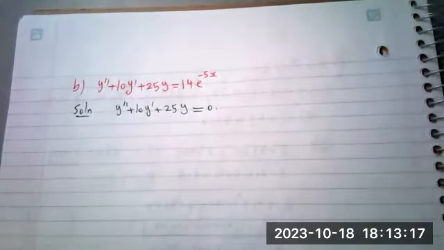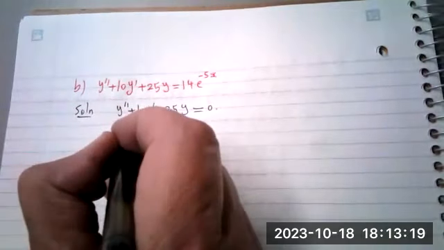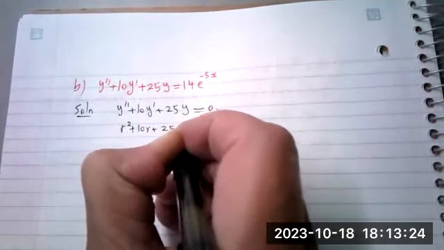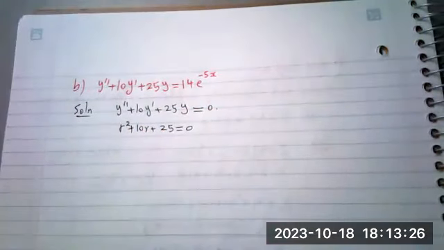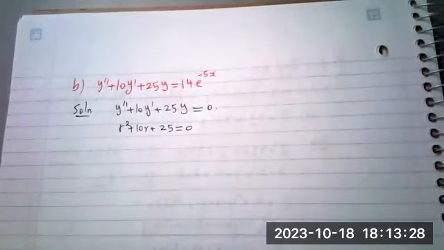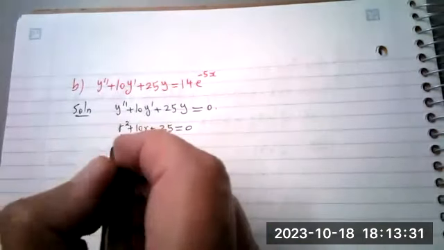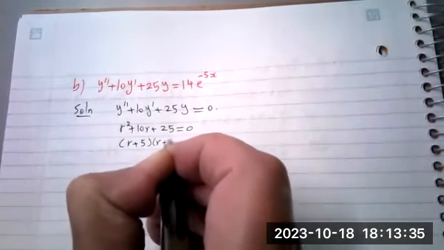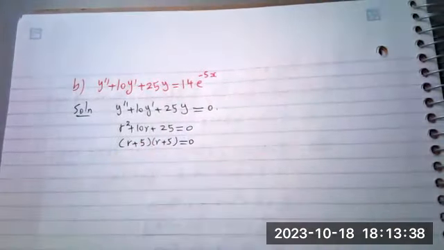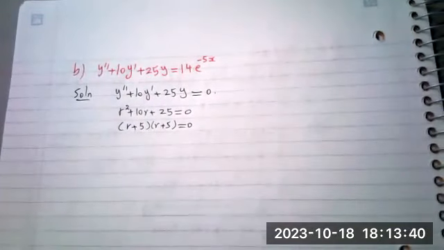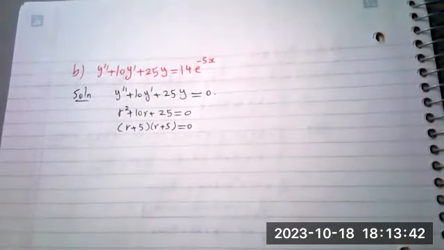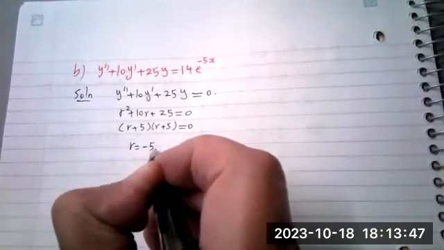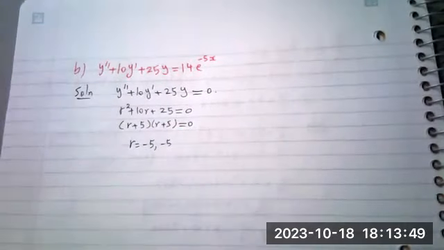Get the characteristic equation, which is r squared plus 10r plus 25 equal to 0. You factor it, you have a 25 over here, so you get the repetition. The repeated solution is going to be (r plus 5) squared, or r plus 5 equal to 0. 5 squared is 25, twice of the first times the second is 10. So we get r equal to negative 5 and negative 5.